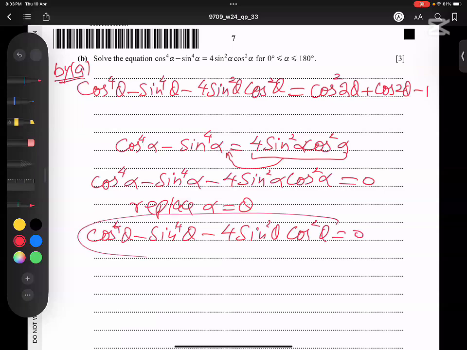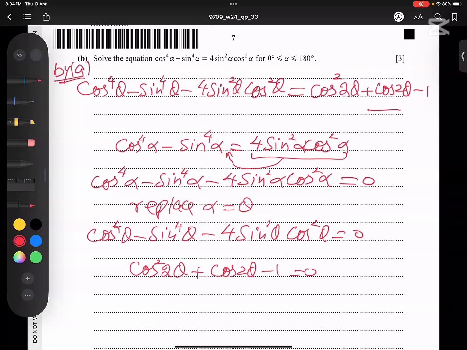Now this totally matches, exactly. So can I replace it by this thing here? Yes, I can. So when this whole equation comes down, I get cos square double theta plus cos double theta minus 1 equal to 0. Now I can solve it.